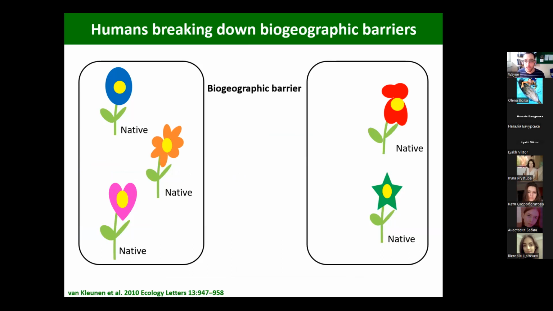So humans are really breaking down biogeographic barriers that have been there for millions and millions of years and have led to unique biotas on different continents across the globe. And so we can think of species as being native to a particular continent, shown on the left-hand side in this cartoon figure. And through shipping, not necessarily pirates, we're introducing species such as new ornamental plants to a new continent, say from North America to Europe.